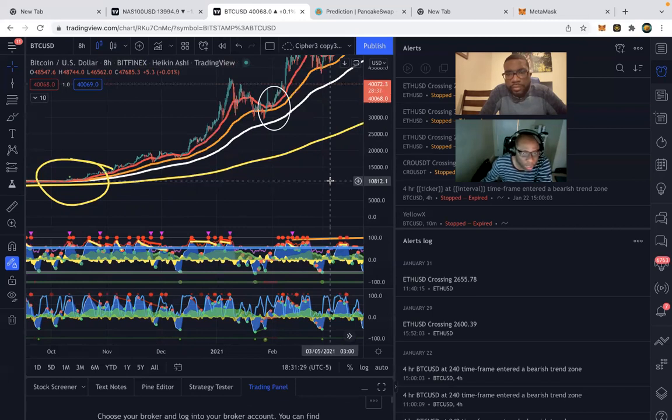But then let's go down to the Market Cipher. This looks like the wave is just above 0. So if I'm going to enter here now, where would you put your stop loss? Typically, would you put it down here?